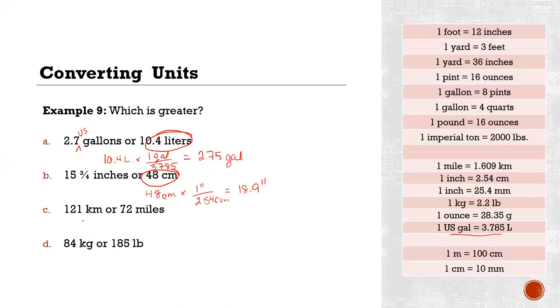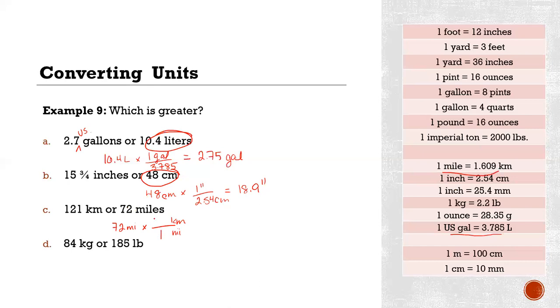Okay. 121 kilometers or 72 miles. Well, we have to compare the same units. Easiest way to do that, let's take our miles and switch it to kilometers. So 72 miles multiplied by our unity fraction. Oops. Miles on the bottom, kilometers on the top, and if we look over here, oh, there's our miles and kilometers.